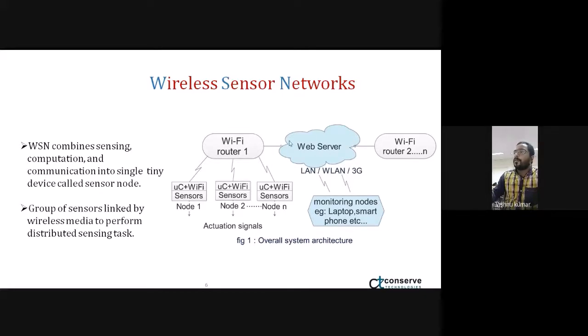Technologies are there for that operation, and that cloud we can access through any other nodes. That is called monitoring nodes. Monitoring nodes can be a laptop, smartphone, anything. Through LAN or WLAN or 3G, 4G, any other technology we can access this sensor data for monitoring. This is the basic architecture of wireless sensor network and IoT.